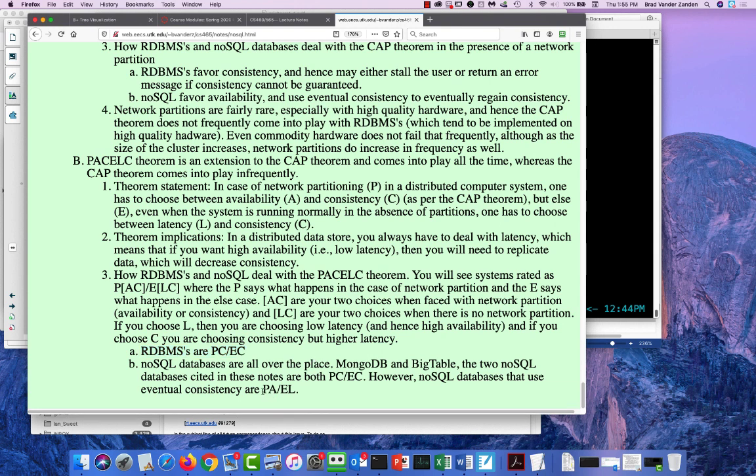Whereas many NoSQL systems, if partitioning is working, they provide availability, else if partitioning is not working, then they provide or reduce latency. So with the PAC-ELC theorem, you have two sets of choices. One if partitioning is working, else if partitioning is not working.